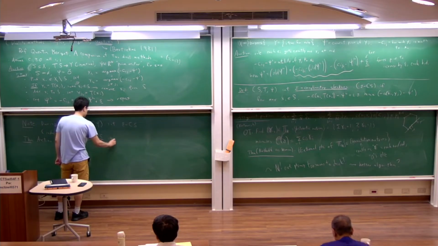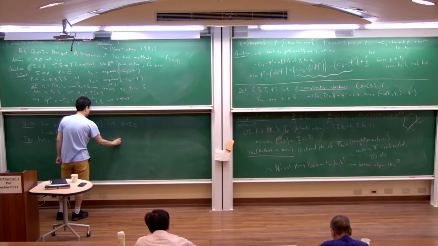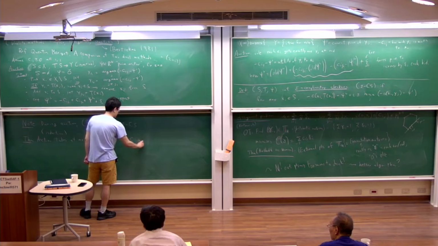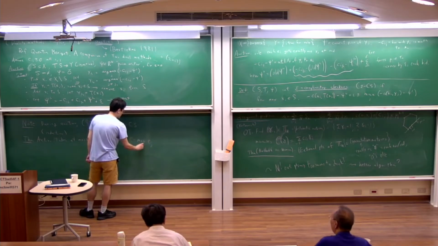So what is the c? C is exactly the maximum value of all of these c_ij.